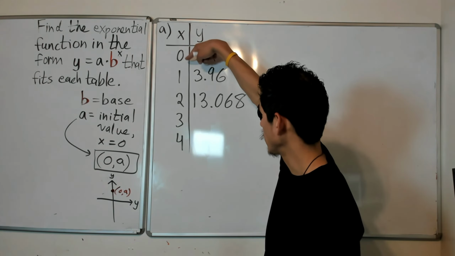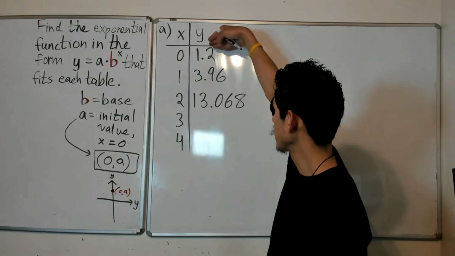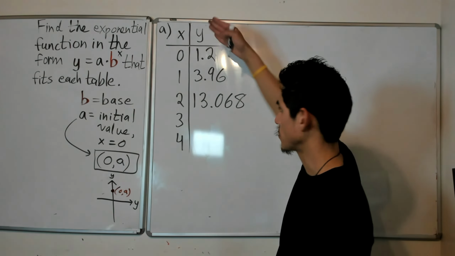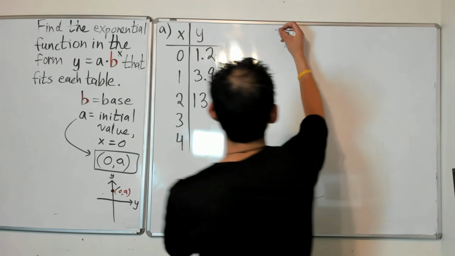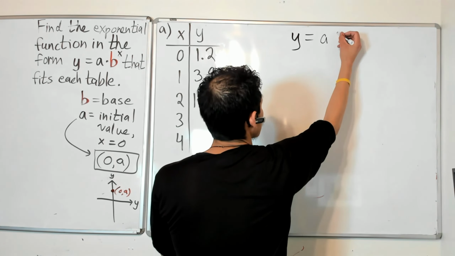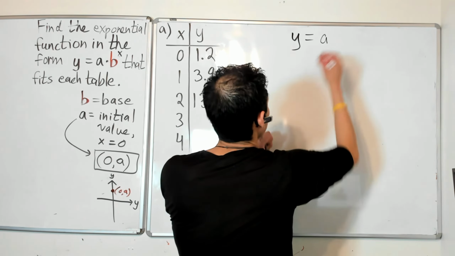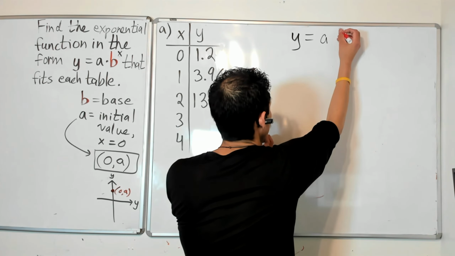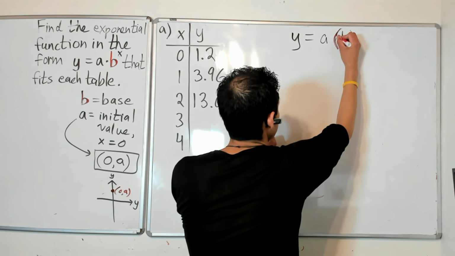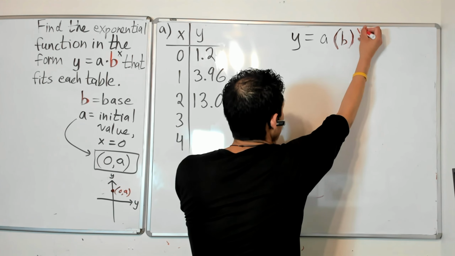We are given x values matched up with y values, and we want to come up with the form y is equal to a, and I like to put the b in parentheses to emphasize that it's being raised to the x power.